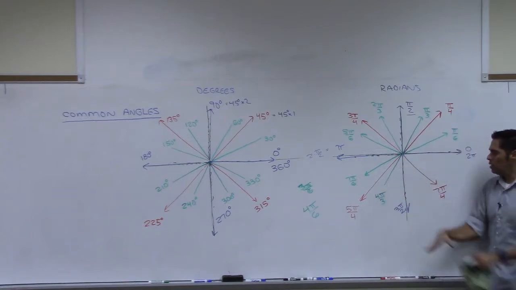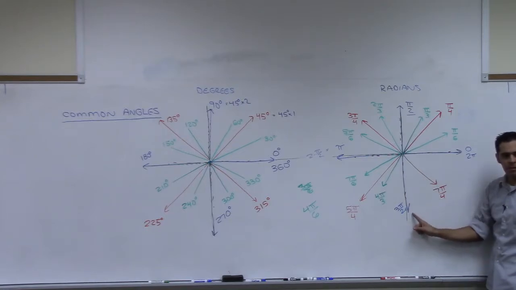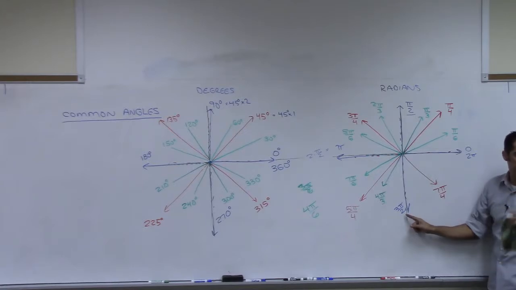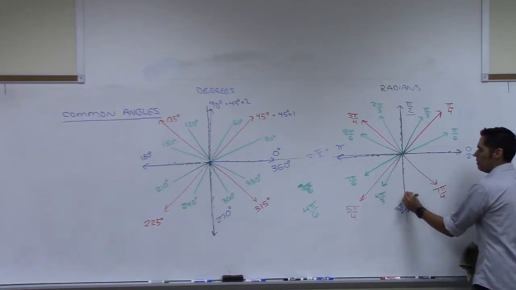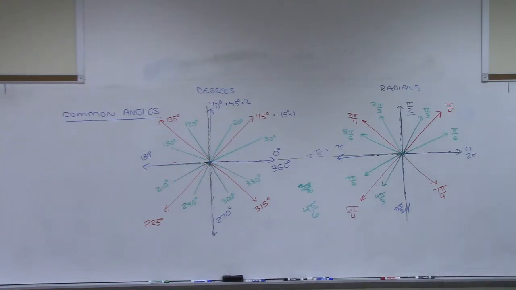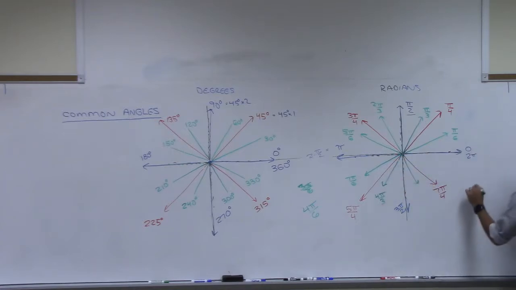So that's the 8th one. 9 pi over 6 would be here. And 9 over 6 reduces to be 3 over 2. So that matches. Almost there. Which one am I on? 10, right? So this one right here is 10 pi over 6. 10 pi over 6 reduces to be 5 pi over 3.